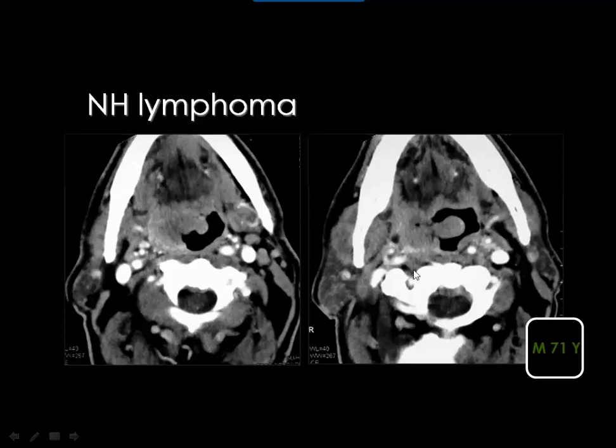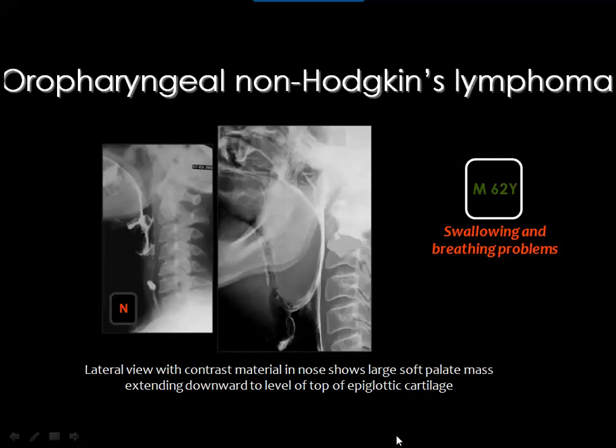Then you should also look for the enlargement of the lymph nodes, and you look for invasion of the adjacent structures. And this is an example of oropharyngeal non-Hodgkin lymphoma in a 62 years old male presenting with swallowing and breathing problems.